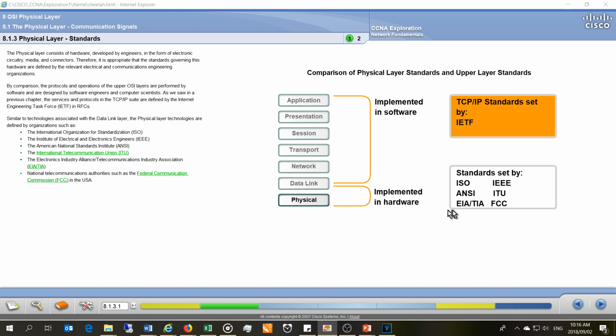For the most part, there are different standards organizations that deal with the standards for each one of these layers. What I'm trying to bring to your attention is that in terms of OSI and network engineering, everything we do is governed or set out by various standards organizations.